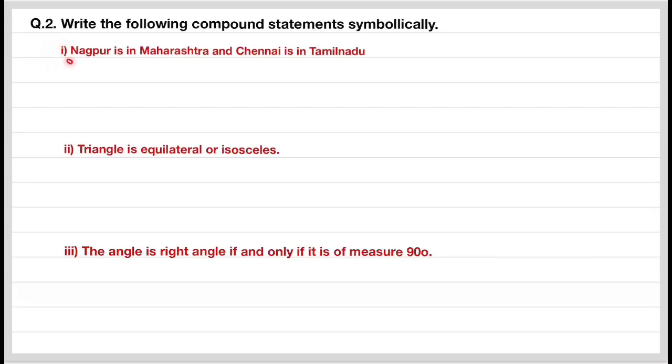We will start with first example. Nagpur is in Maharashtra and Chennai is in Tamil Nadu. Which logical connective is used? And. That means given compound statement is a conjunction. First of all, we will write separate statements.